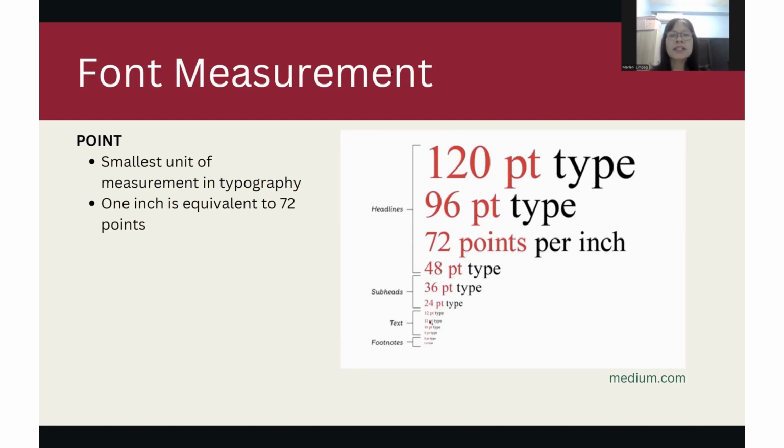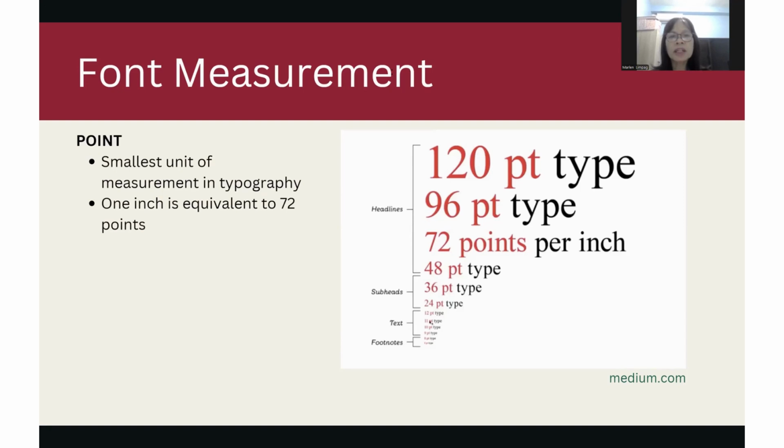The standard sizes in the point system are useful in determining which font sizes are appropriate for headings, body text, or captions. The 120 point, 96 point, and 72 point sizes, for example, are best suited for headlines, while the 36 point and 24 point sizes are best for subheads.